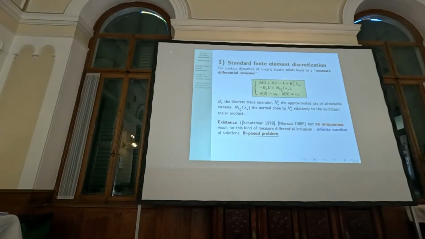It is written here as what is called a measure differential inclusion. Of course, here is a mass matrix, a stiffness matrix. Lambda n here is a contact force, or the contact pressure. And here the contact condition is written in terms of inclusion.